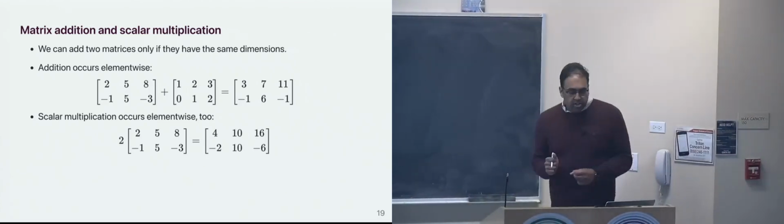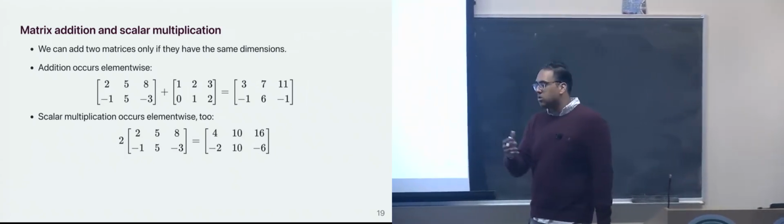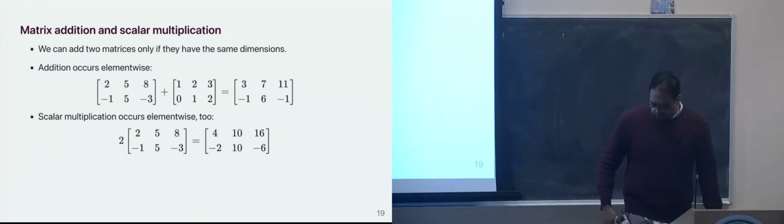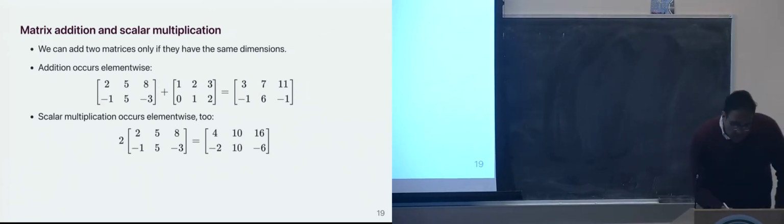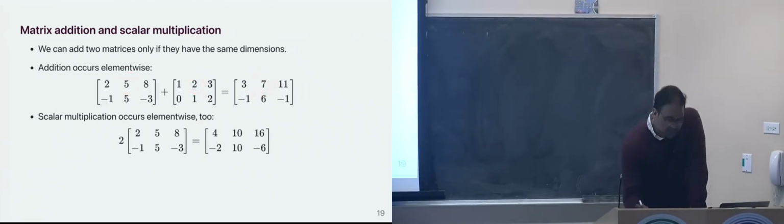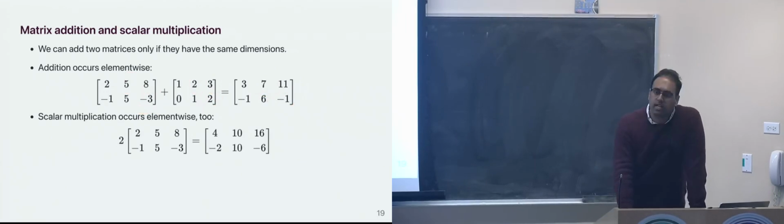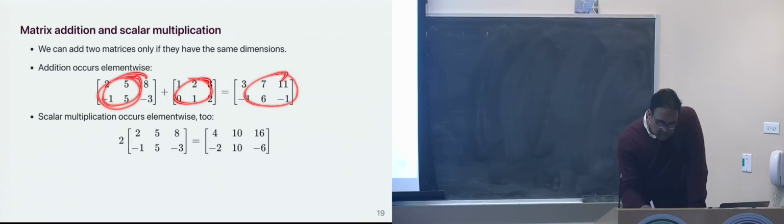We can add 2 matrices only when they have the same dimensions, that is, the same number of rows and columns. And when you add 2 matrices, the addition occurs element-wise.